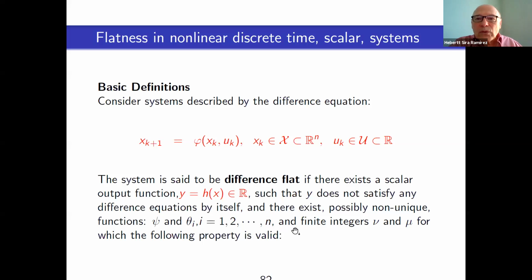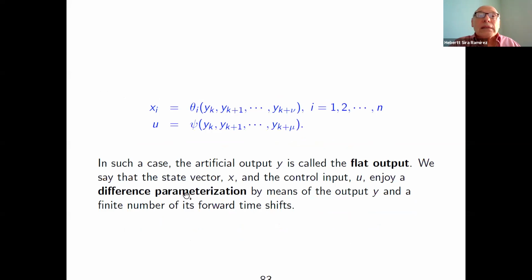And you will also be able to find finite integers, call them nu and mu, for which the following properties are valid. The state, any of the n states, all the states are parameterizable, can be written in terms of the output that you have found as your flat output and a finite number of advances thereof.